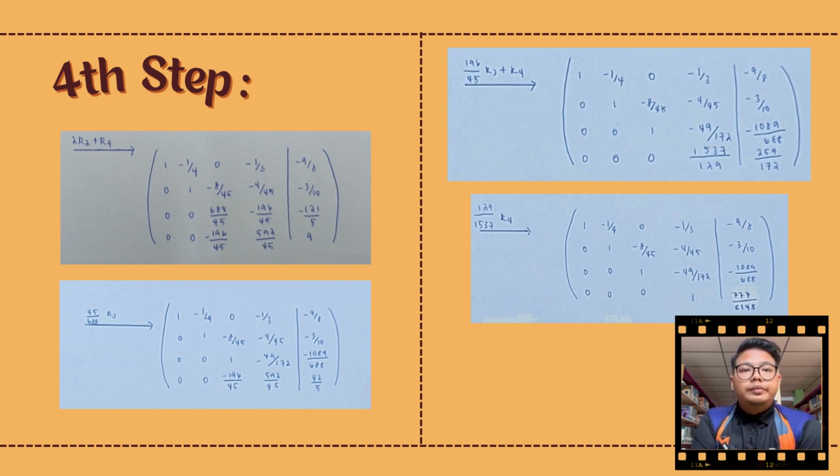And the last one, we need to find the last leading one, which is row 4 column 4, so it will be 129 over 1537 R4, so it will be 0, 0, 0, 1 and 777 over 6148, and we will get the REF form.